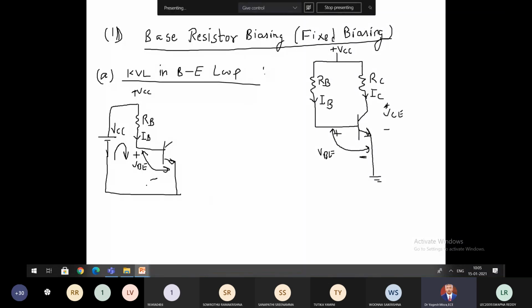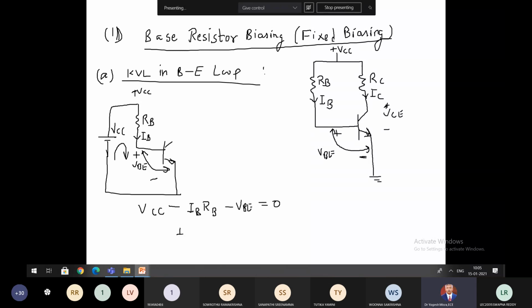In this way, if we move, then what we will get? VCC minus IB RB minus VBE is equal to 0. Okay.